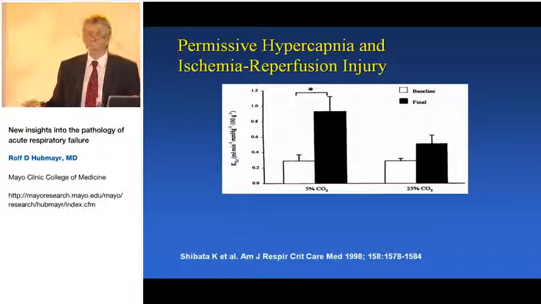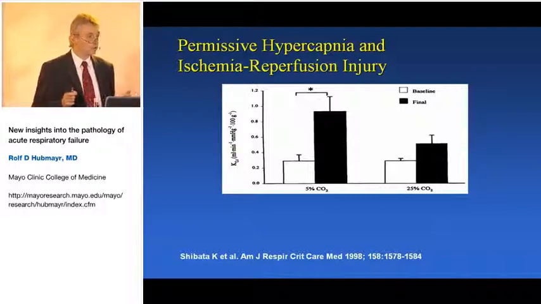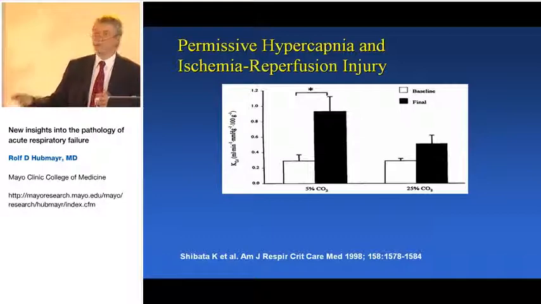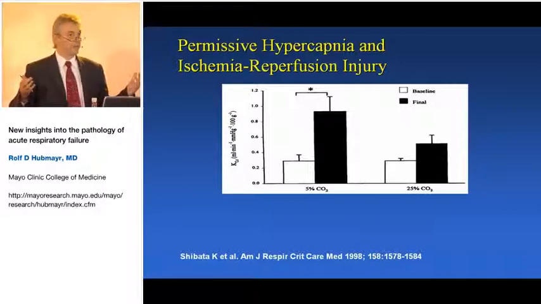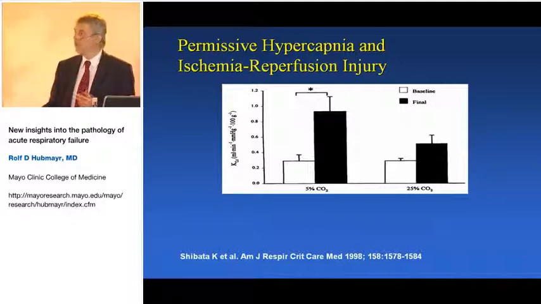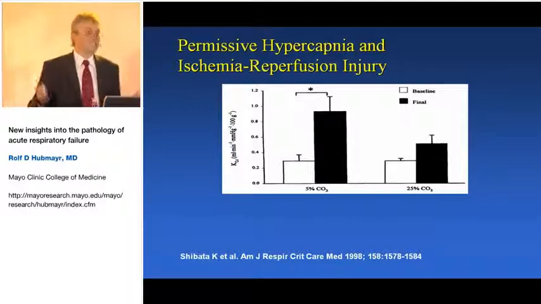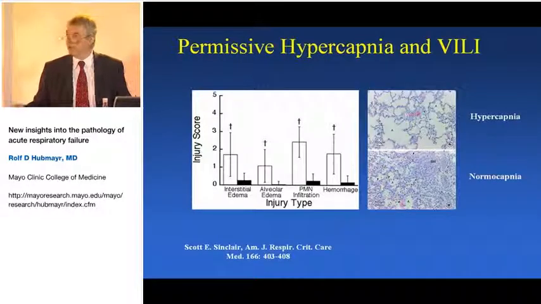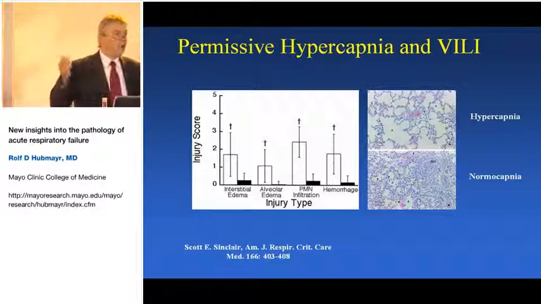It was pretty remarkable because it pointed out in this ischemia reperfusion model that if you looked at filtration coefficient, that is the leakiness of the capillary, as a surrogate endpoint of injury, that doing an experiment under hypercapnic condition prevented that leakiness.